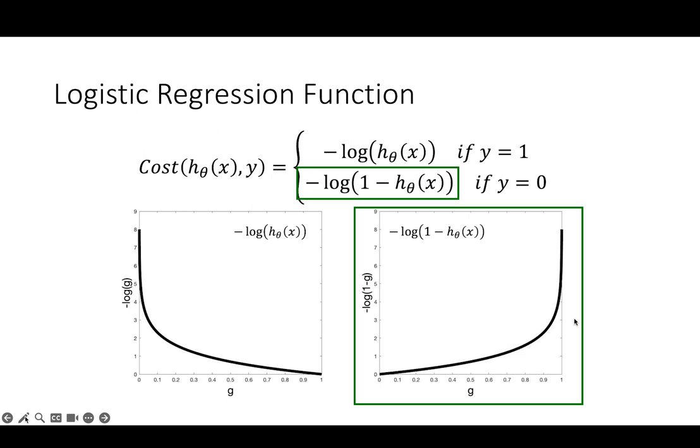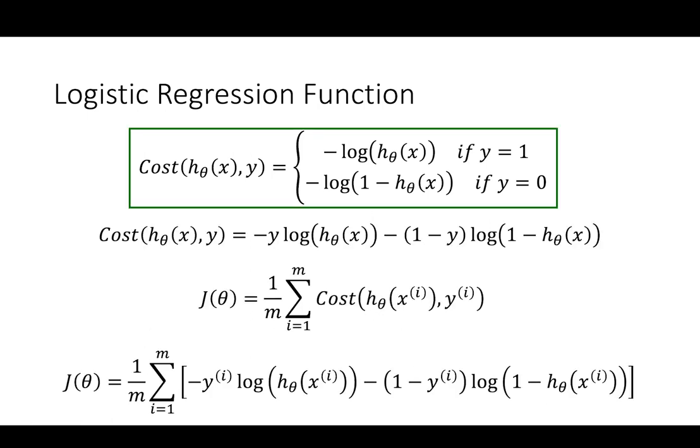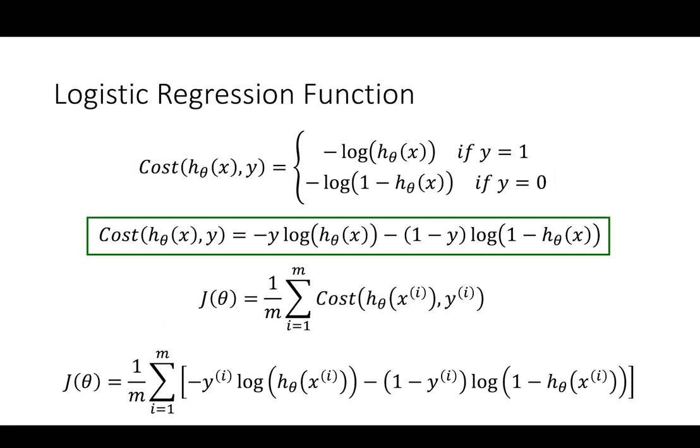This is a logistic regression function, and it's easier to use kasi pwede natin kunin yung derivative dito, mas madali. And we want the derivative kasi we're going to need it to compute for the gradient. Okay, so this is now our cost function.